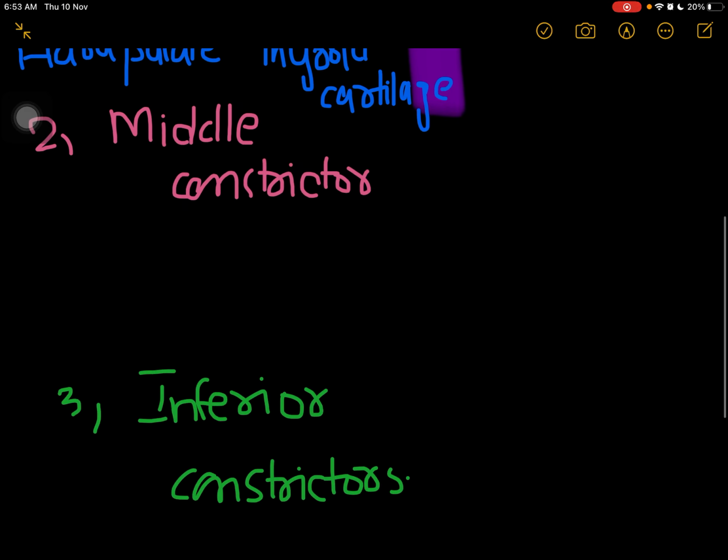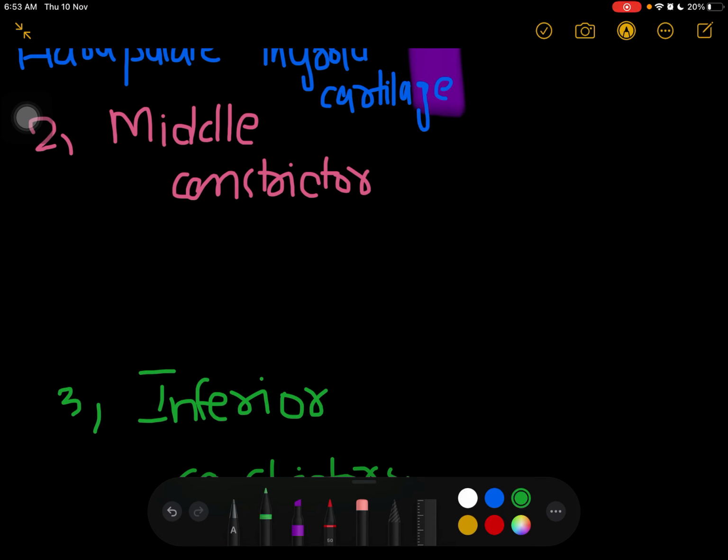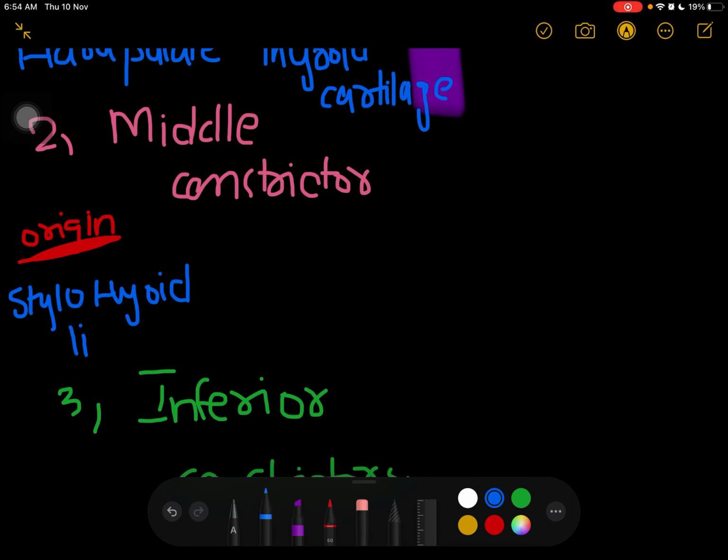Now let's talk about the middle constrictor. Its origin is from the stylohyoid ligament, and it ends at the hyoid bone, and everyone is quite familiar with the hyoid bone.